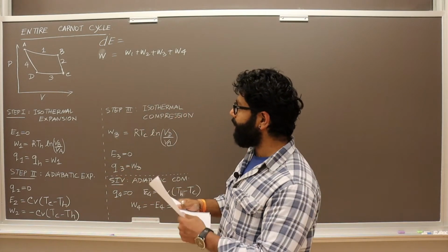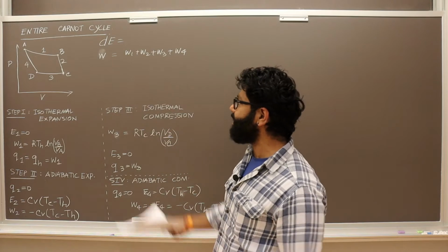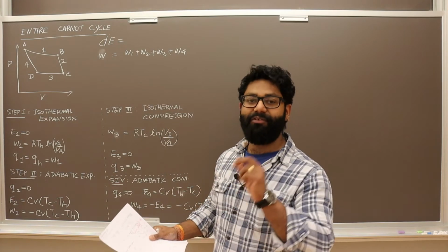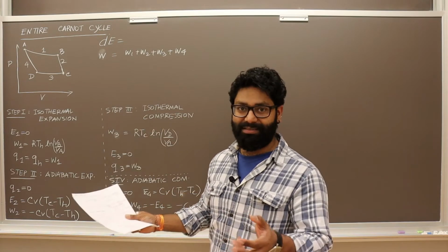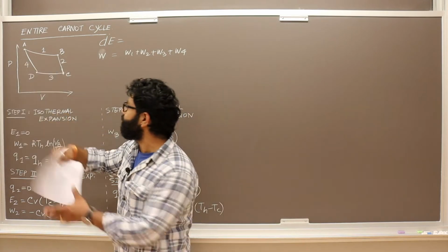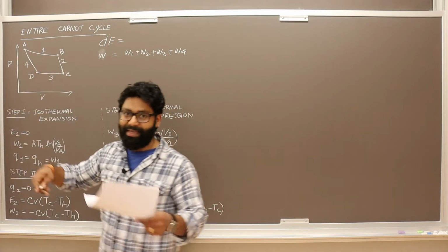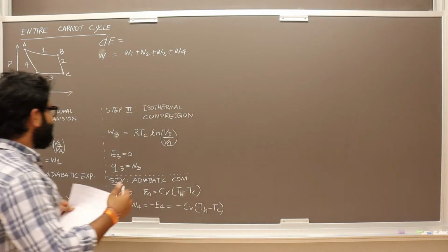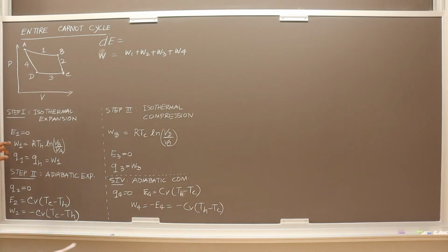So having said that, let's calculate what the dE of the entire thing is. Before even calculating, we know what the dE for a cyclic process is. It's actually 0. Why? Because it's a state function. You started from A, you came back to A, so the dE should be equal to 0. Now, let's see if that's true. E1 and E3 are 0, so that's fine.